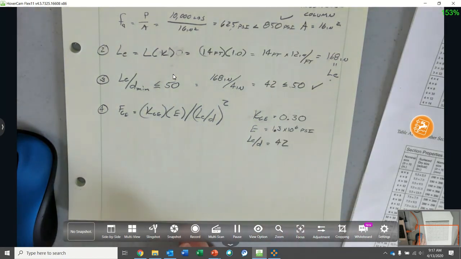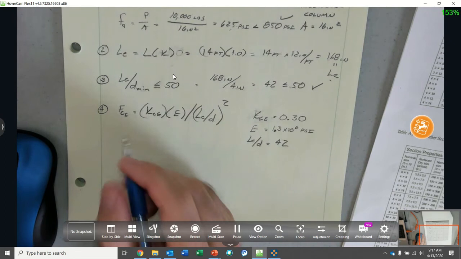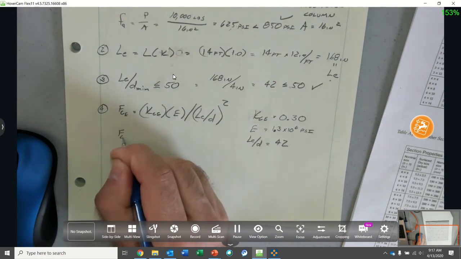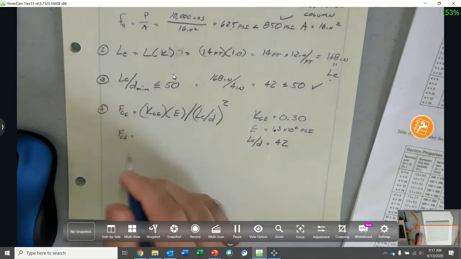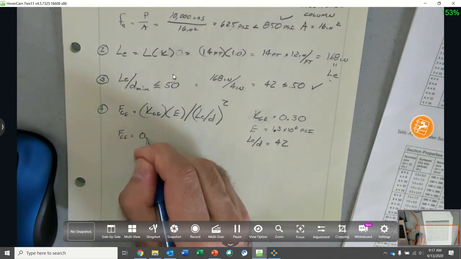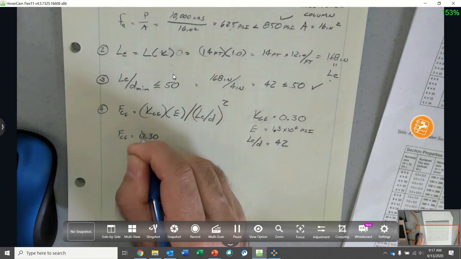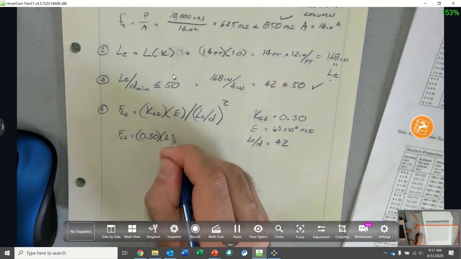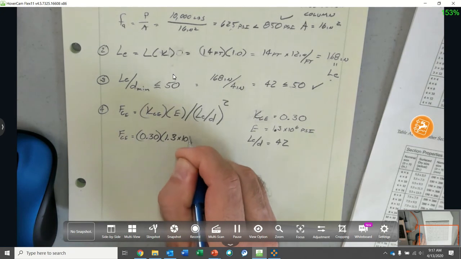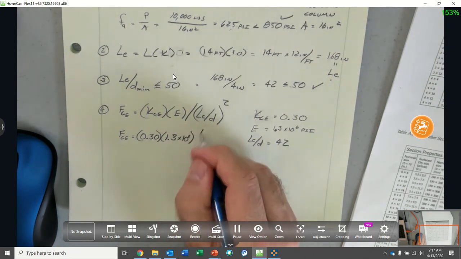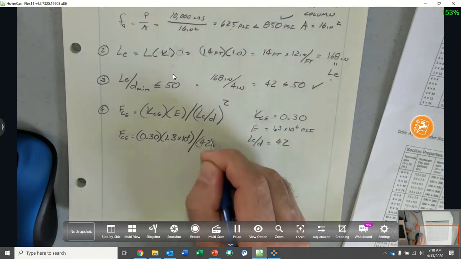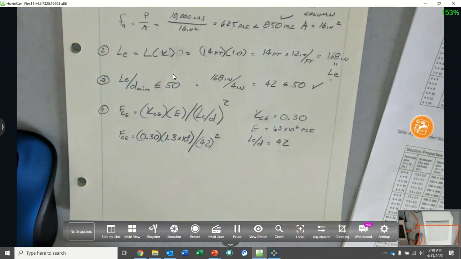So my Euler critical buckling stress, FCE, equals KCE times E over the slenderness ratio squared: 0.30 times 1.3 times 10 to the 6th divided by 42 squared.